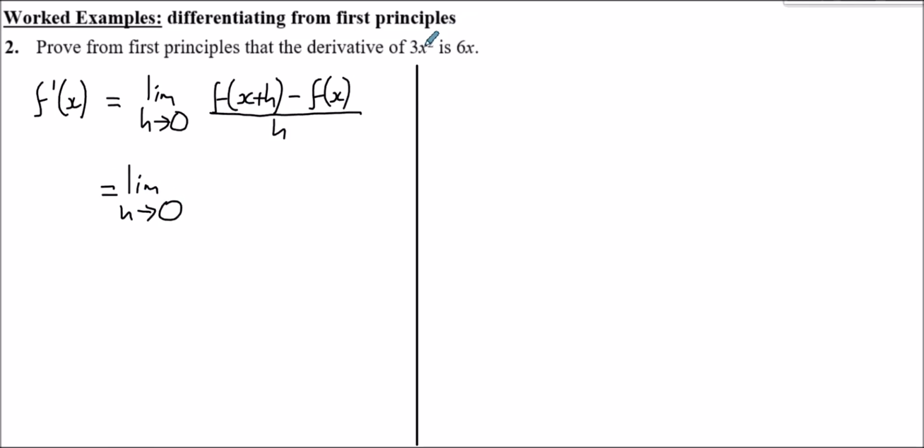So we're going to say here, if the graph is 3x squared, then we can say our function of x is 3x squared. Always nice to define it in that way if we can do, which we can. So if our input, we just simply square it and then multiply it by 3.